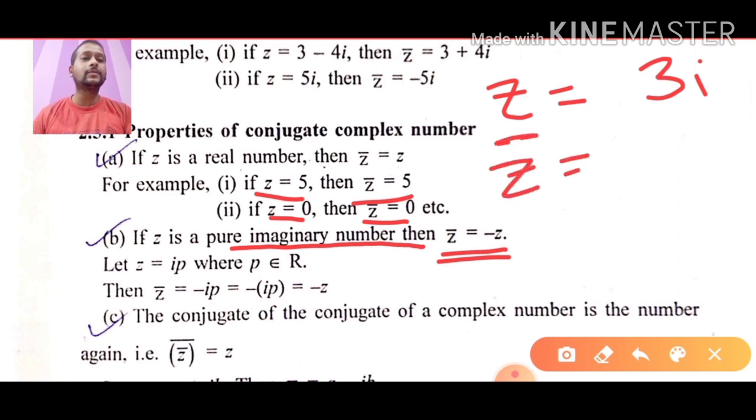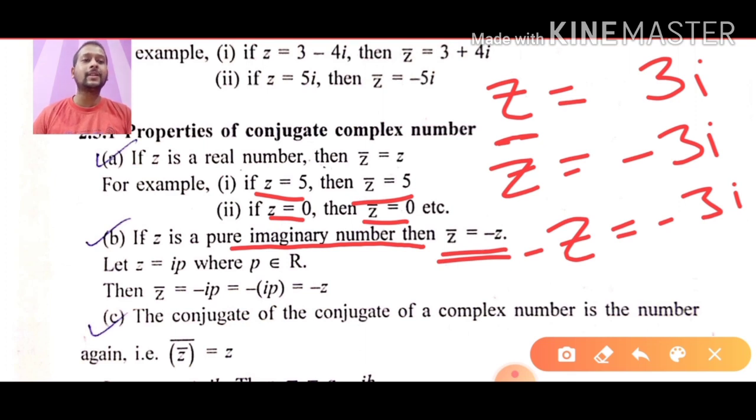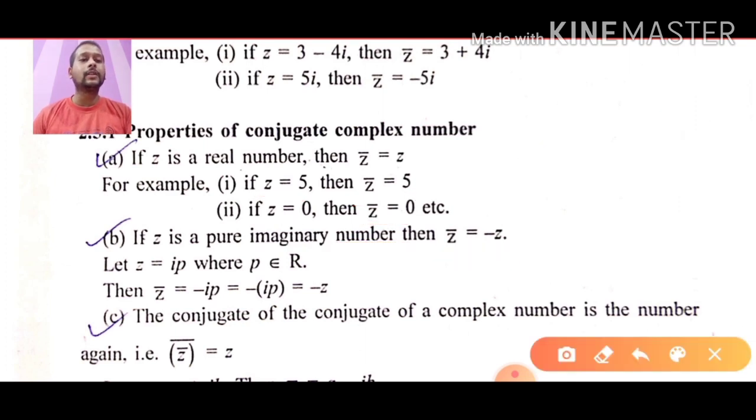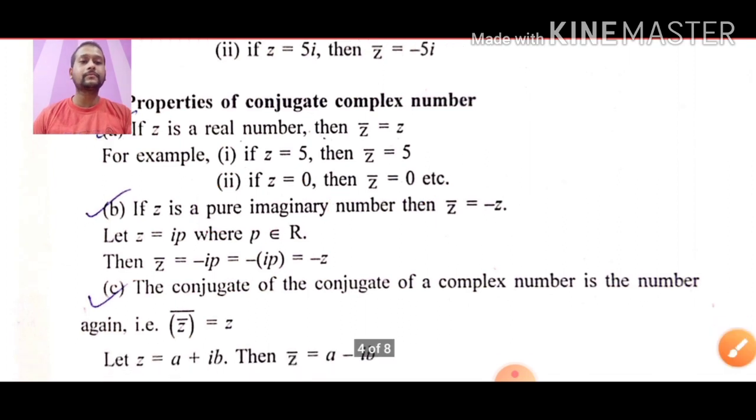We just have to change the sign in front of the imaginary part. It is minus 3i, and also we know the additive inverse of z is again minus 3i. So from here what can we conclude? That z bar and minus z, that means the additive inverse of z, are both the same when z is a pure imaginary number, remember.